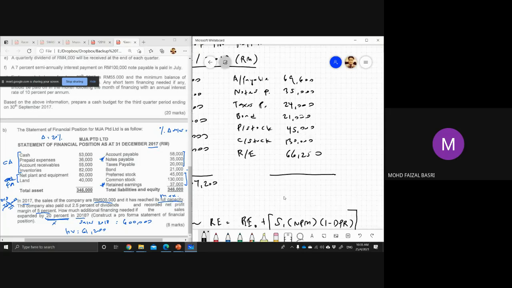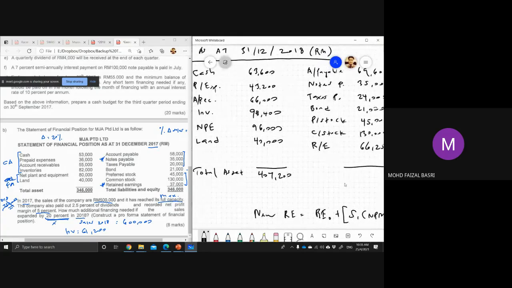So on the left hand side we know 407,200. So we know total liabilities and equity here would be 407,200. Okay, can you help me?